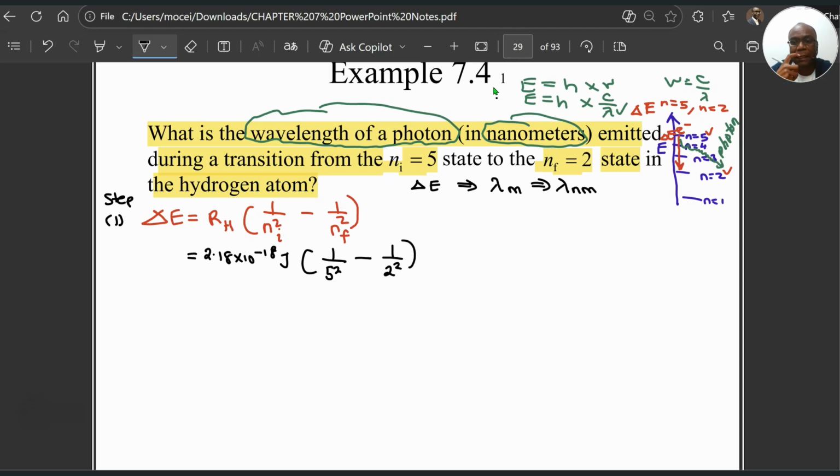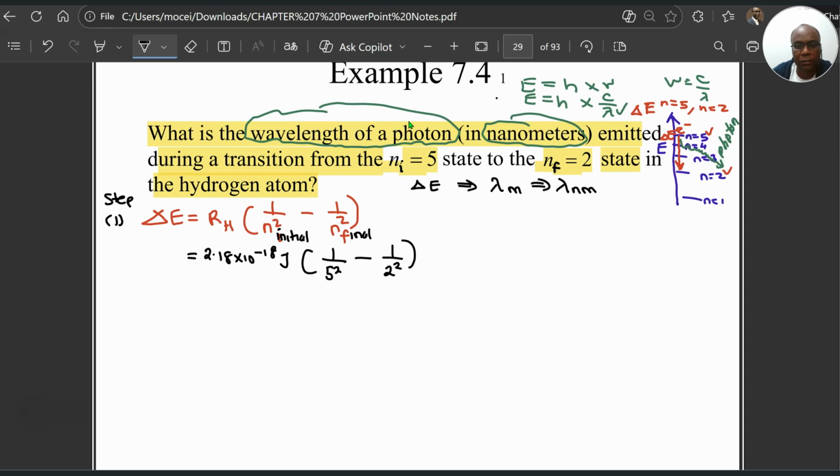I'm just plugging in the values of n initial and n final. I stands for initial, f stands for final, and I see I'm given nf and ni. All that is left is for me to do the math.